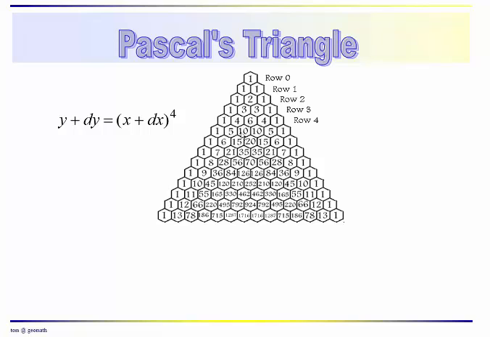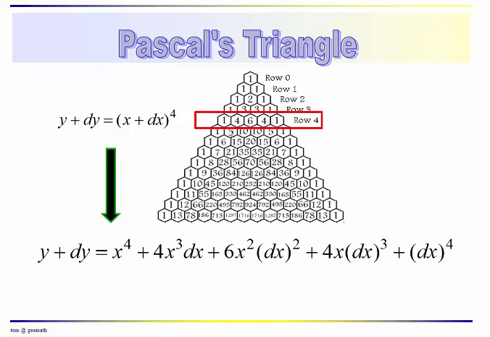You'll notice that those are the coefficients of the terms in that product. So we've got 1x to the fourth plus 4x cubed dx plus 6x squared dx squared, and so on, as the powers descend for x and increase for dx.